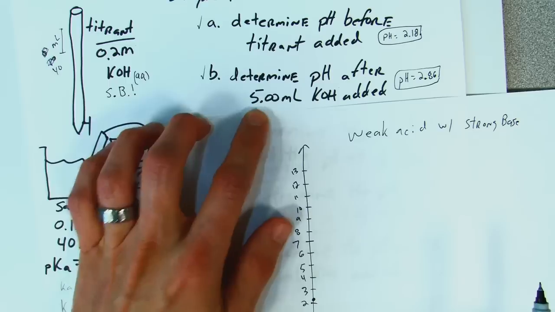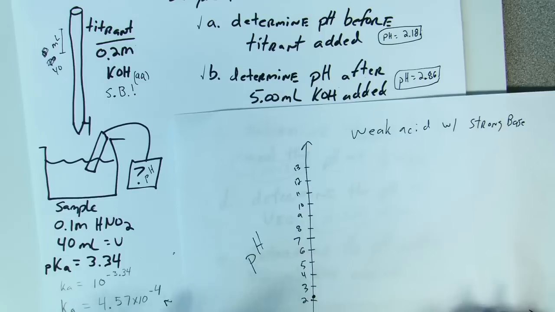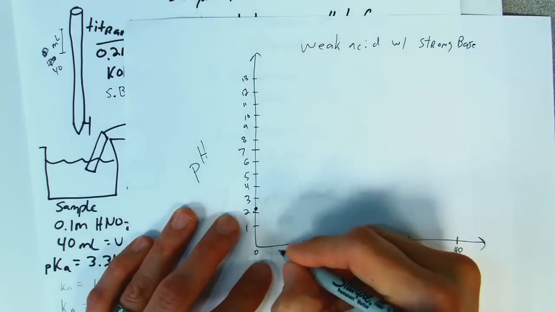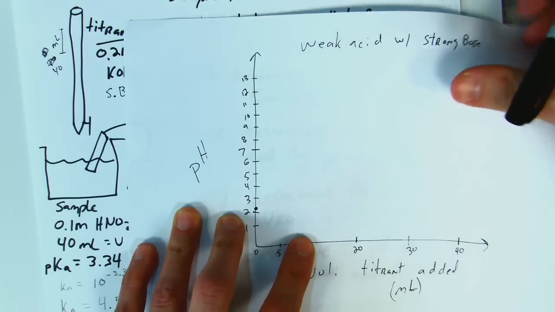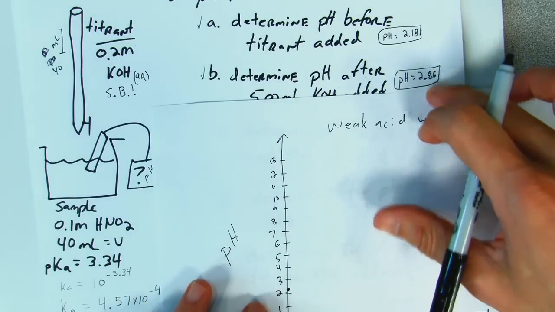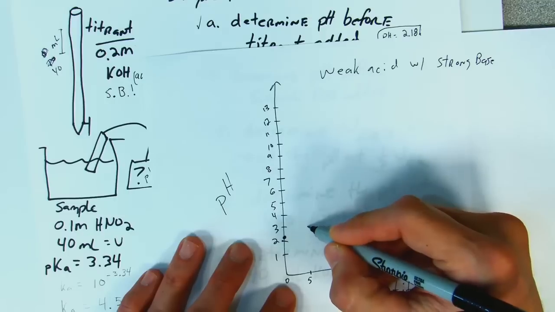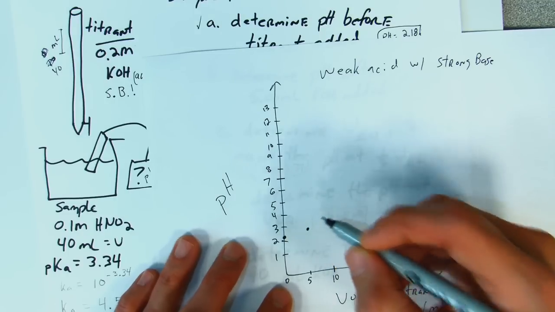Then we added 5 milliliters of our KOH. So we'd actually be on our curve right about here. It's 5, right? So not very much titrant, and the pH jumped to 2.86. So that's a little bit of a change, but not a whole lot. I mean, we're still right about here, I guess.